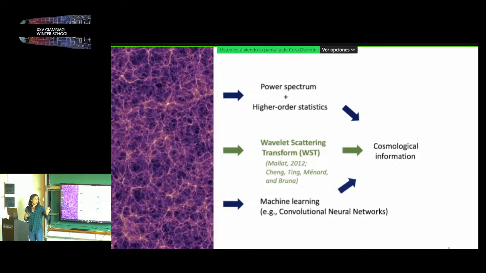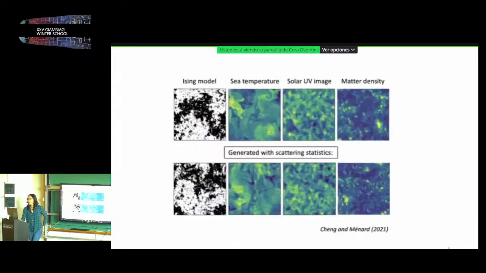This middle ground between these two approaches was proposed, but in another context, okay? In the context of computer vision and signal processing, not related to cosmology. I will explain what I mean by wavelet scattering transform. But first, I want to tell you the power of the wavelet scattering transform.